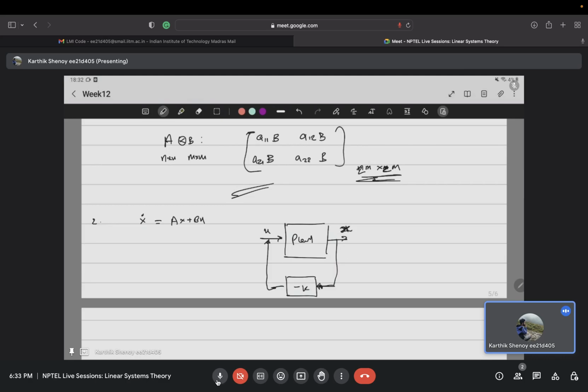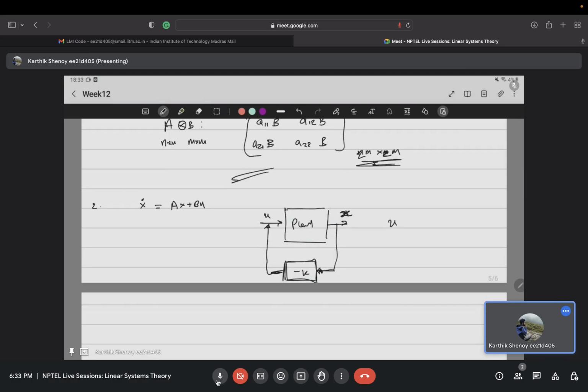If everything is perfect in the ideal world, your input will have no delays. But usually because of the communication channel or the computational delay, the input will have some delay in it. So that is u of t minus tau equal to K x of t minus tau. So it won't enter instantaneously.